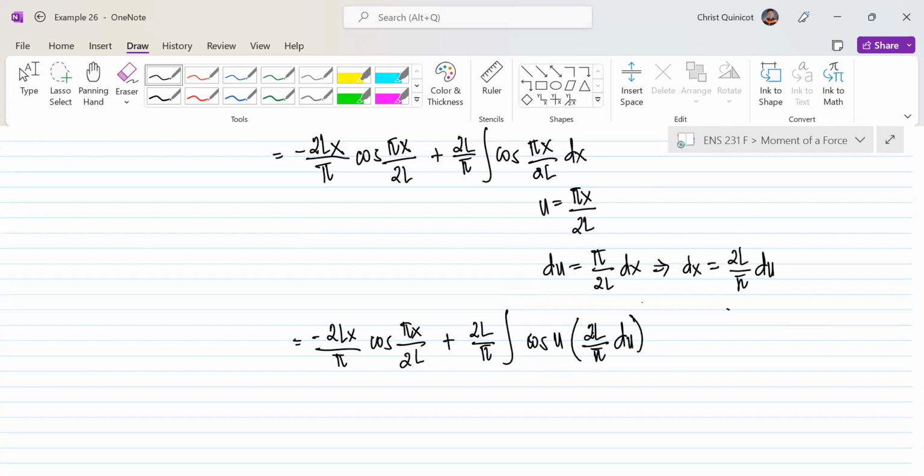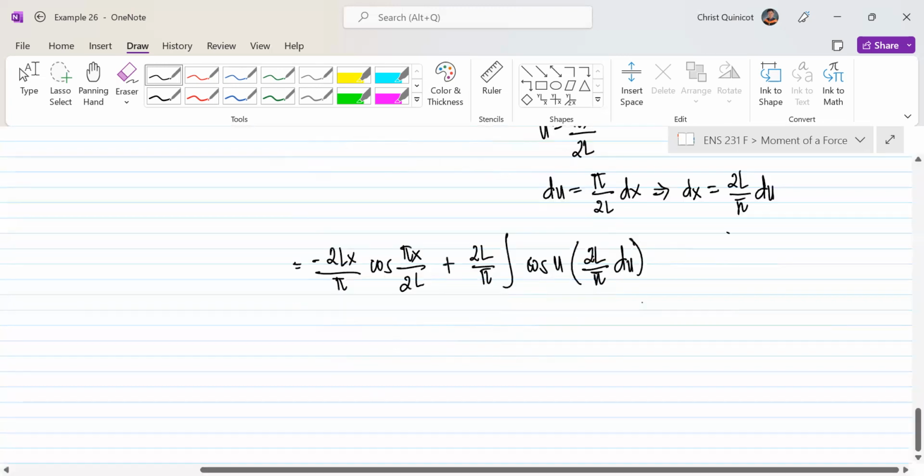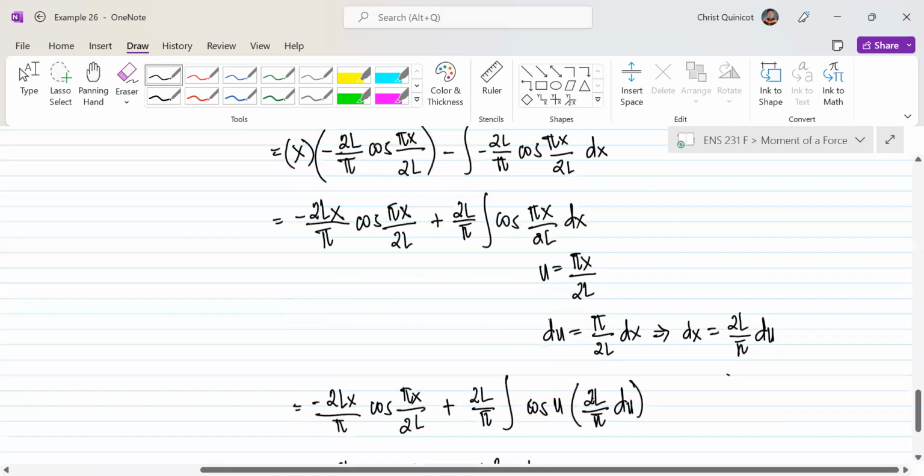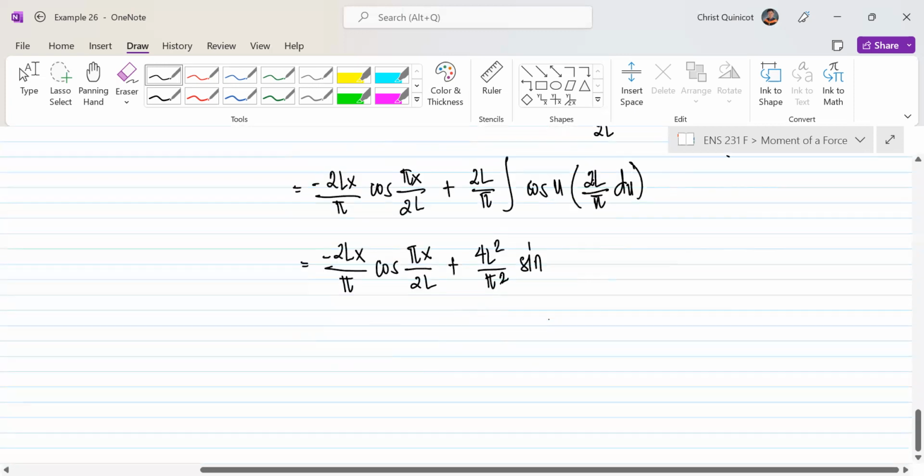Then 2L over pi paired with du is constant, so we bring out that 2L over pi. This becomes now negative 2Lx over pi cosine pi x over 2L plus 4L squared over pi squared, and that is sine u, where u is pi x over 2L.